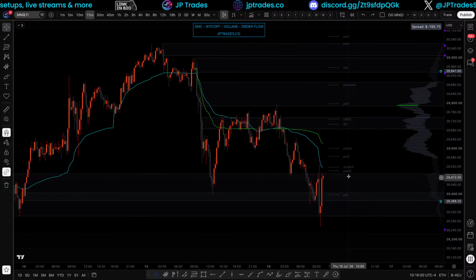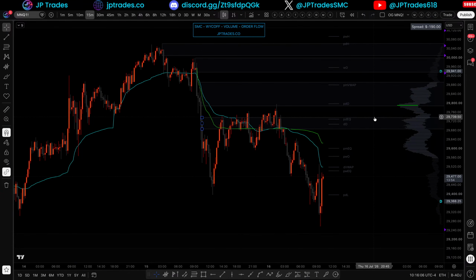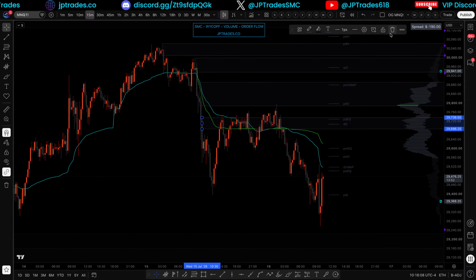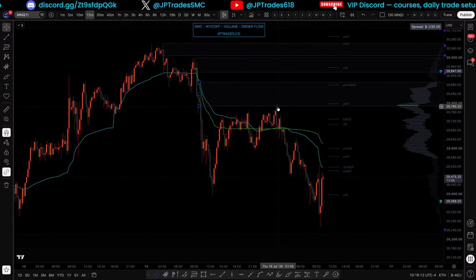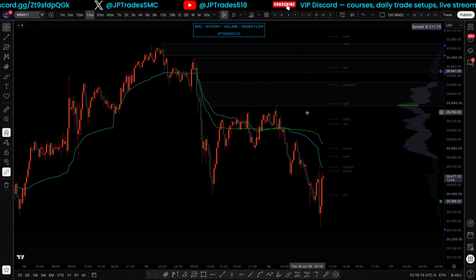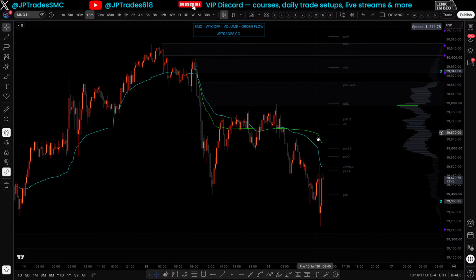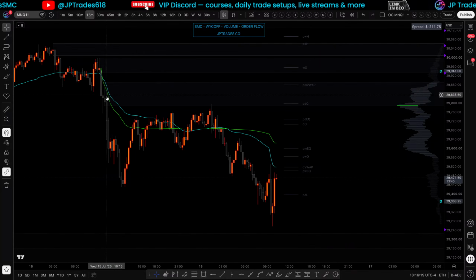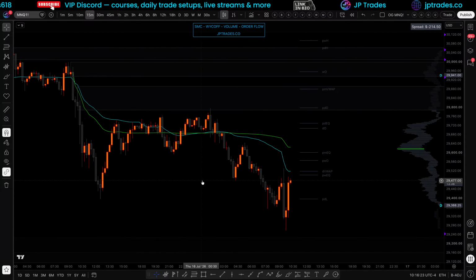I like seeing that. That one didn't have much love, but this one had a nice short from this block here. I'm going to keep that block on my chart. And yes, it's a same color order block. It's not the opposite color style.